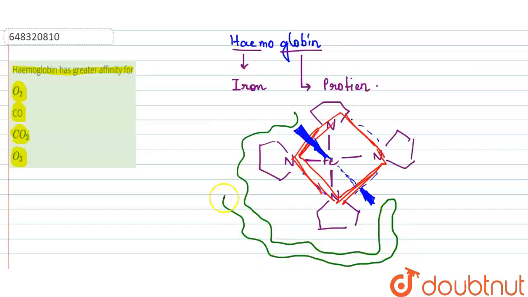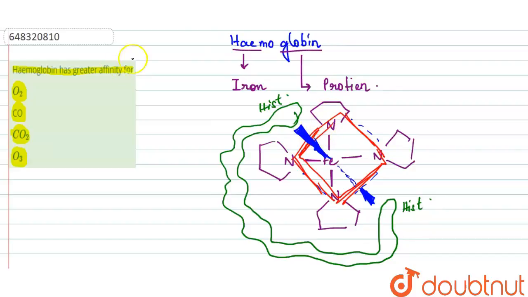In the globin protein there is histidine present, and it binds with the histidine group. When oxygen, carbon monoxide or carbon dioxide comes, one of these hands gets free and it binds with those compounds.